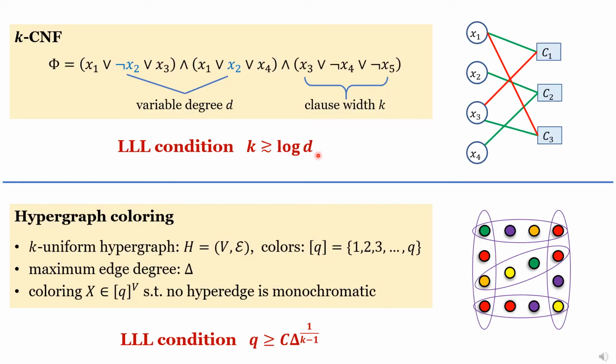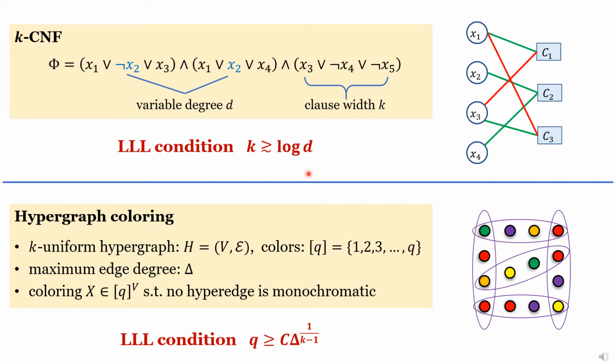Now, we apply the Lovász local lemma to CNF and hypergraph coloring. Consider the case of CNF where the number of variables in each constraint is k. Let D denote the max number of constraints a variable appears in. By the Lovász local lemma, if k is greater than or equal to log D, then the CNF instance has a solution.